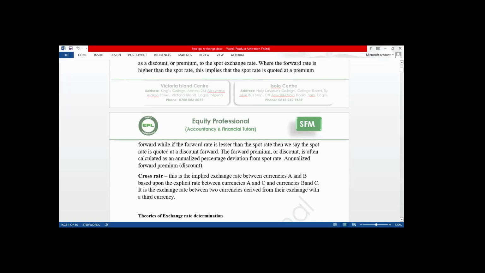There's a relationship between Naira and dollar. There's also a relationship between Japanese yen and dollar. But there's no relationship between Naira and yen.